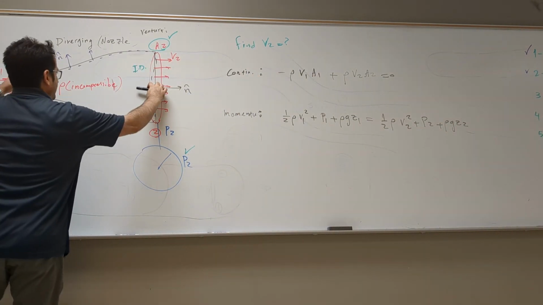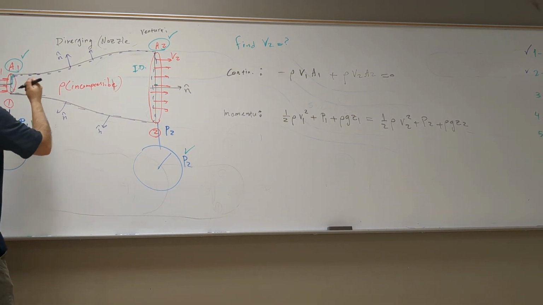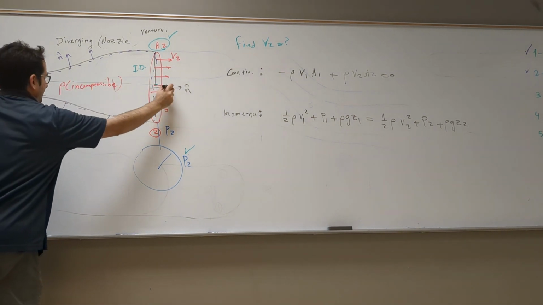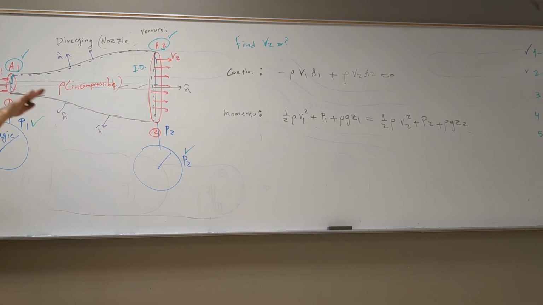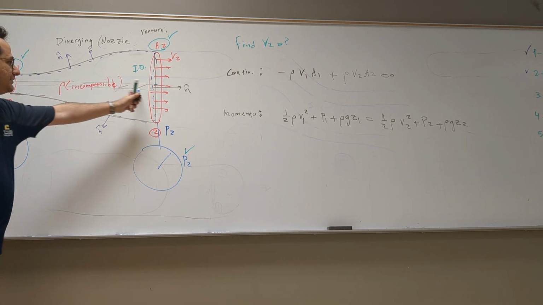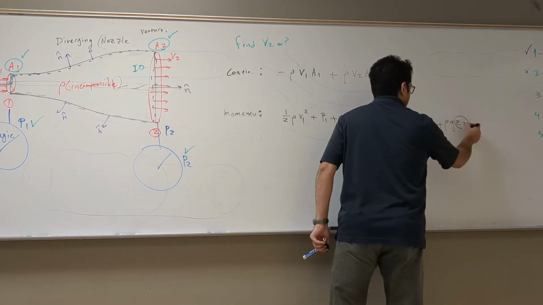Now, look, do I have an elevation difference? Put everything in the center of this line. Do you see this like a pipe going up the building? Do I have an elevation difference? No, it's just flat, just like the test bed we had downstairs in the lab. So z1, do you agree that z1 is equal to z2?